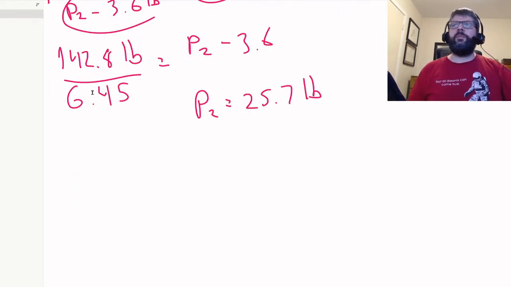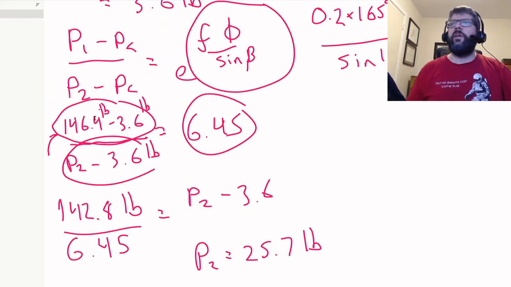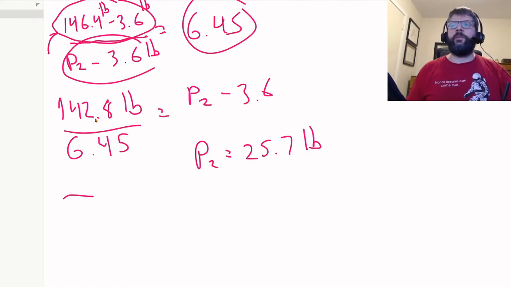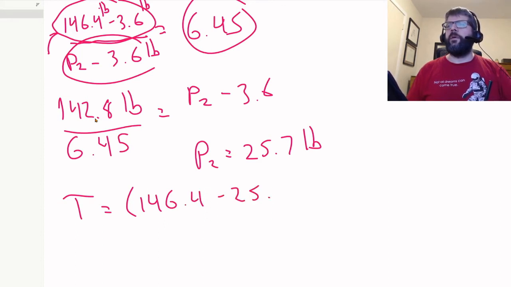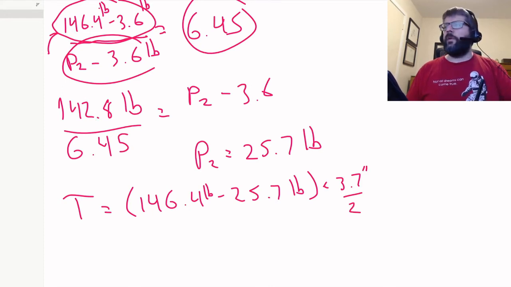So if we know what our P2 and our P1 is, then we can go ahead and figure out our maximum torque. So again, the maximum torque that we can apply is the P1 minus the P2 times the radius. So 3.7 inches divided by 2, and I'm going to go ahead and also make this in terms of feet.